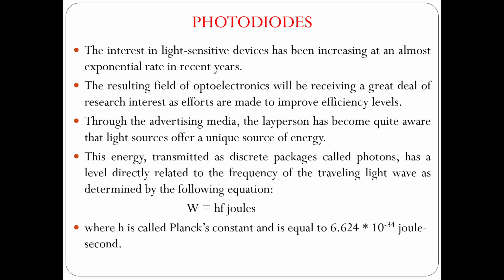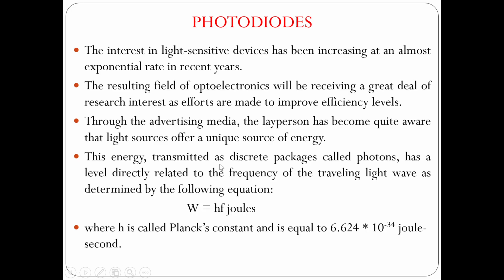Next one is photodiode. The interest in light sensitive devices has been increasing at an almost exponential rate in recent years. The resulting field of optoelectronics will be receiving a great deal of research interest as efforts are made to improve efficiency levels. Through the advertising media, the layperson has become quite aware that light sources offer a unique source of energy.